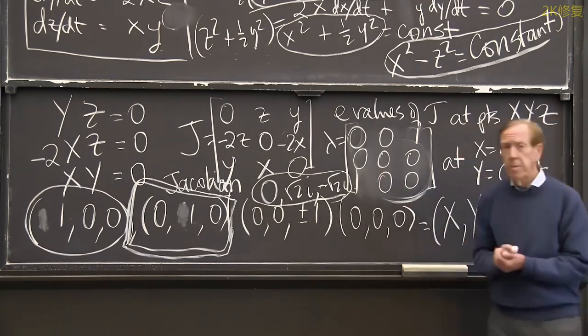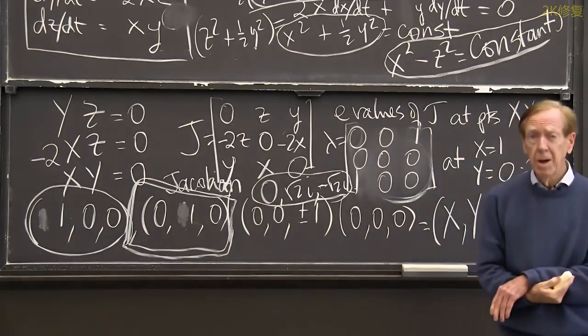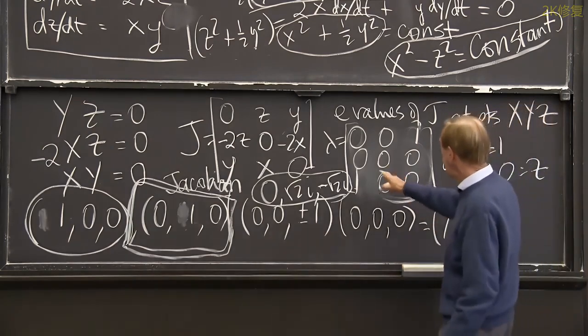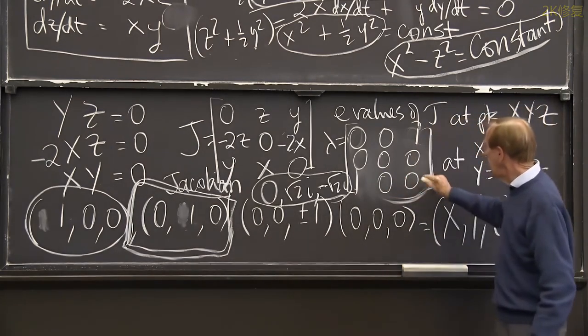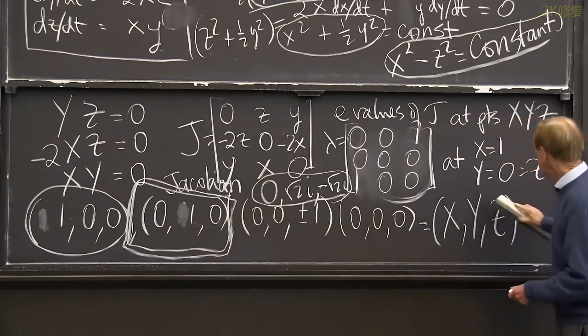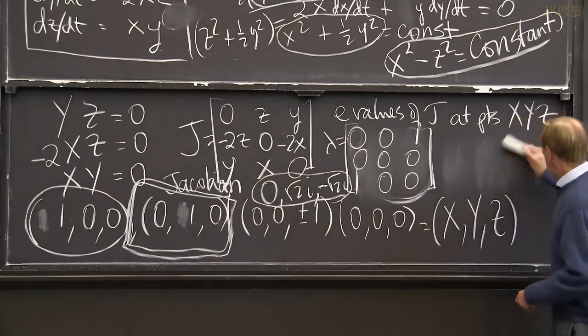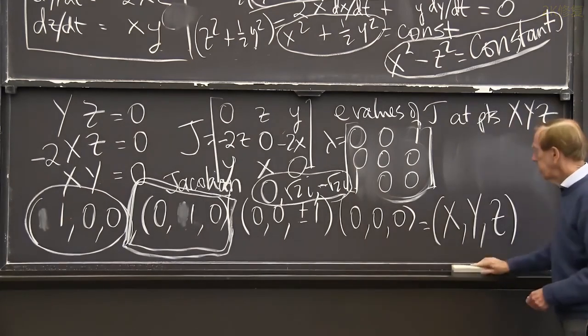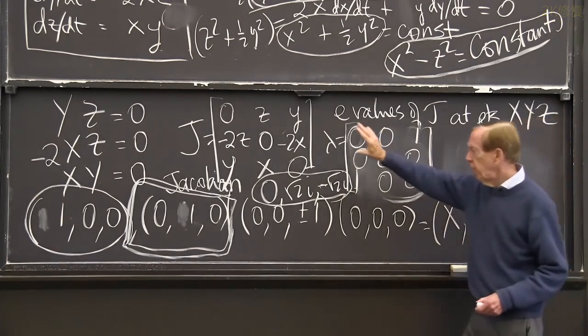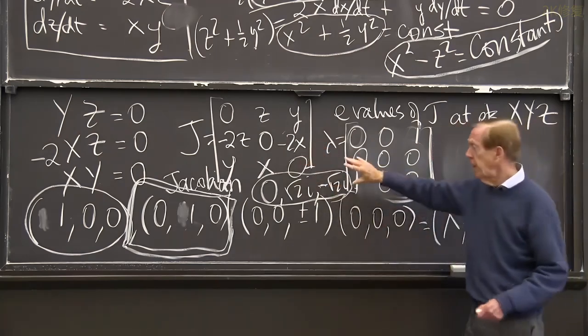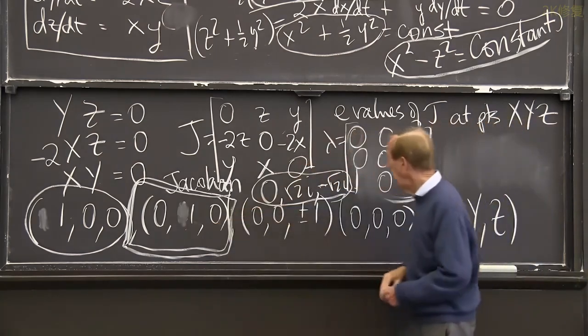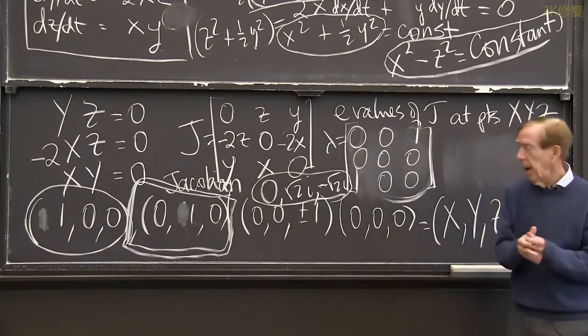That's my 3 by 3 matrix. What are its eigenvalues? What are the eigenvalues of that 3 by 3 very special matrix? This was the first derivative matrix, the Jacobian matrix at this point, corresponding to the middle axis.